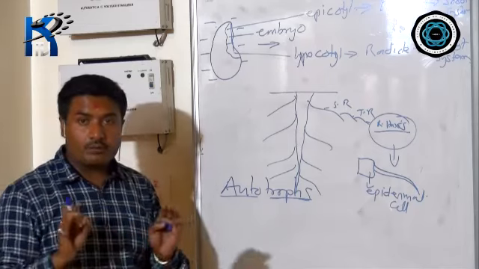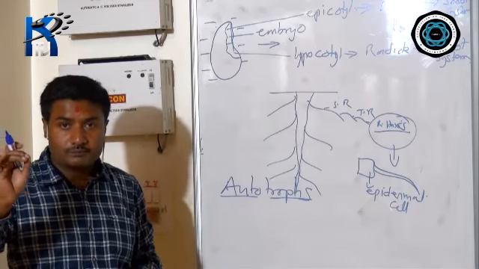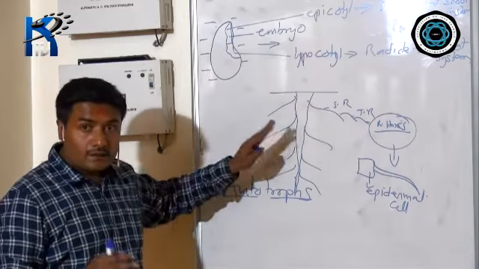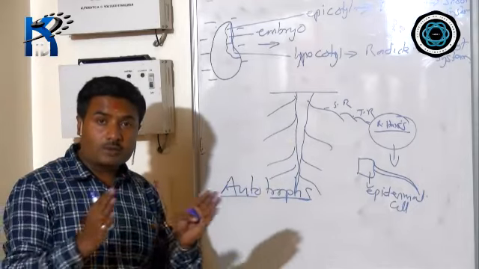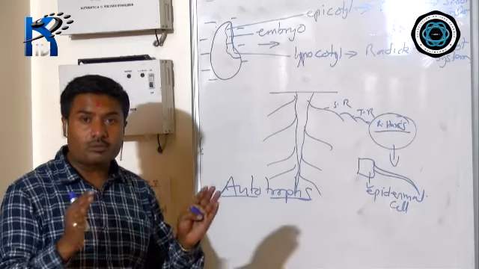With these minerals and water, the plant is able to photosynthesize. So in this chapter we will be learning how the plant absorbs water and minerals.